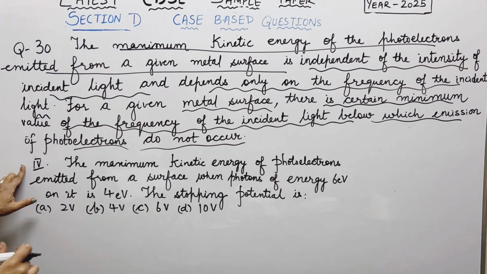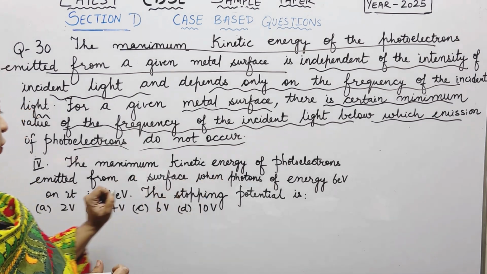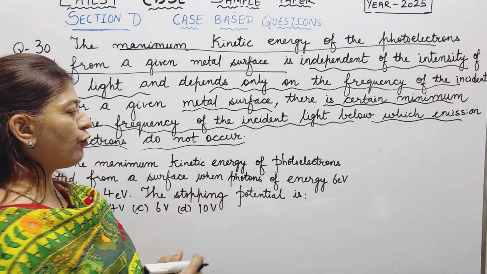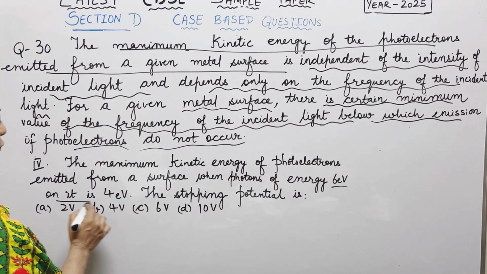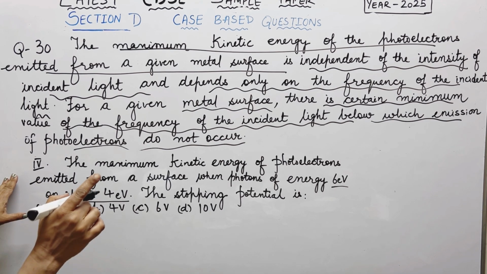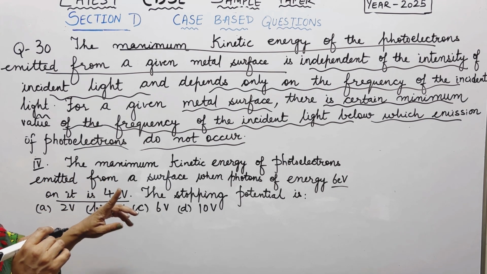In the fourth part of the 30th question, it has been asked, the maximum kinetic energy of photoelectrons emitted from a surface when photons of energy 6 electron volt fall on it is 4 electron volt. The stopping potential is? So the energy of the photons is 6 electron volt and the maximum kinetic energy is 4 electron volt.